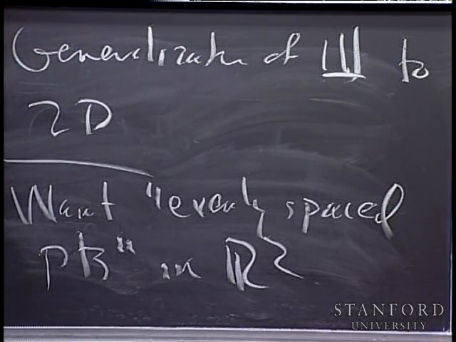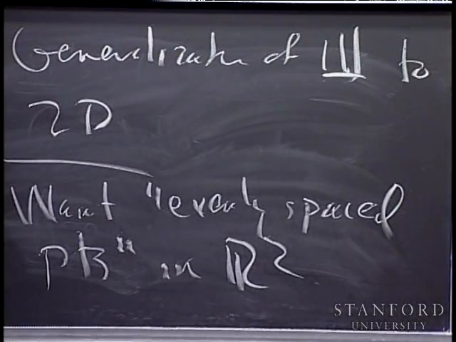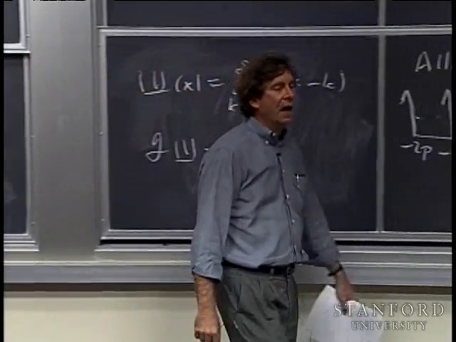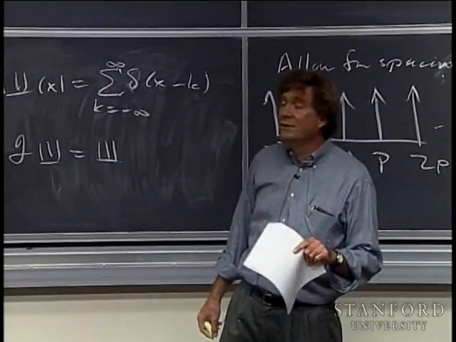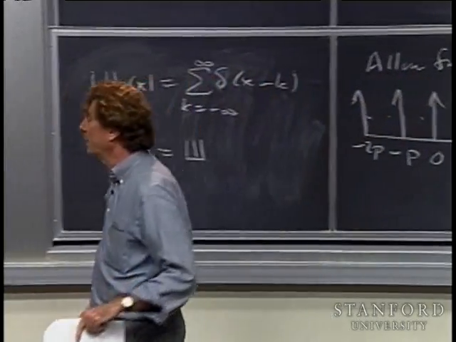Okay? Now, there are a lot of different possibilities here, but again, we started with the Shah function as a model case where the points were spaced 1 apart. So for my model of evenly spaced points in the plane, I'm going to take all the points in 2 dimensions whose coordinates are integers. All right?